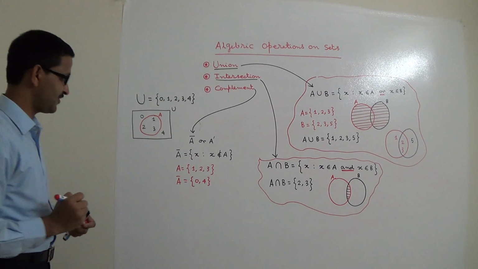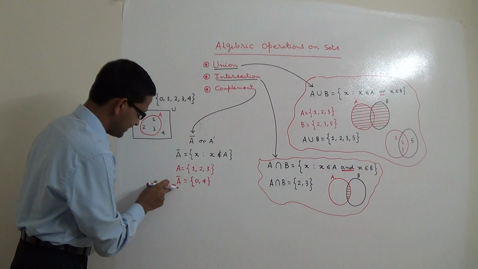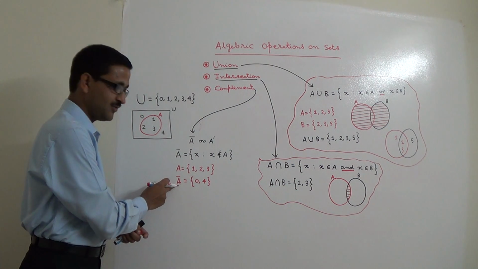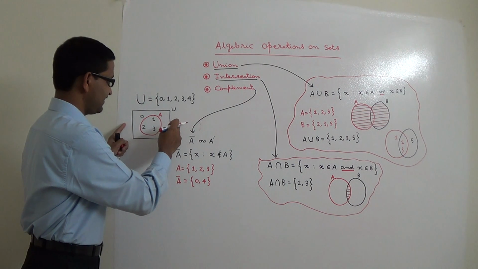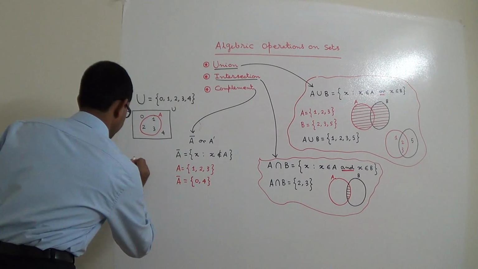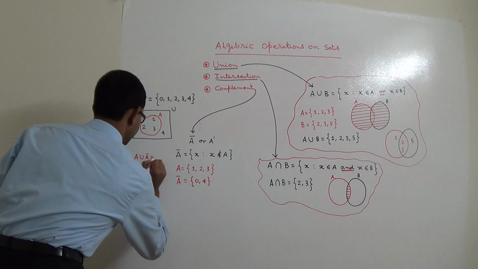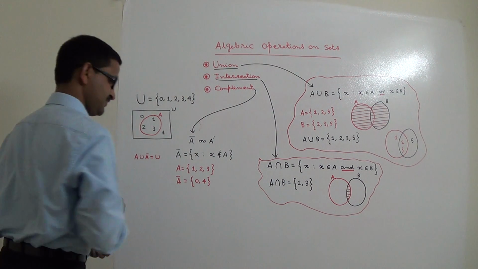Obviously, one important thing is that if you make A union A prime, what will you get? You will get the entire universal set. So A union A prime is the universal set.